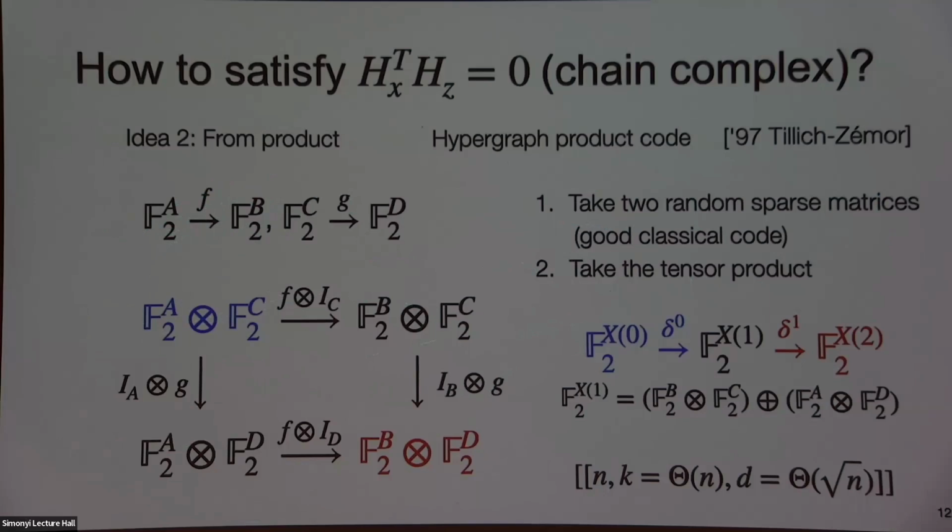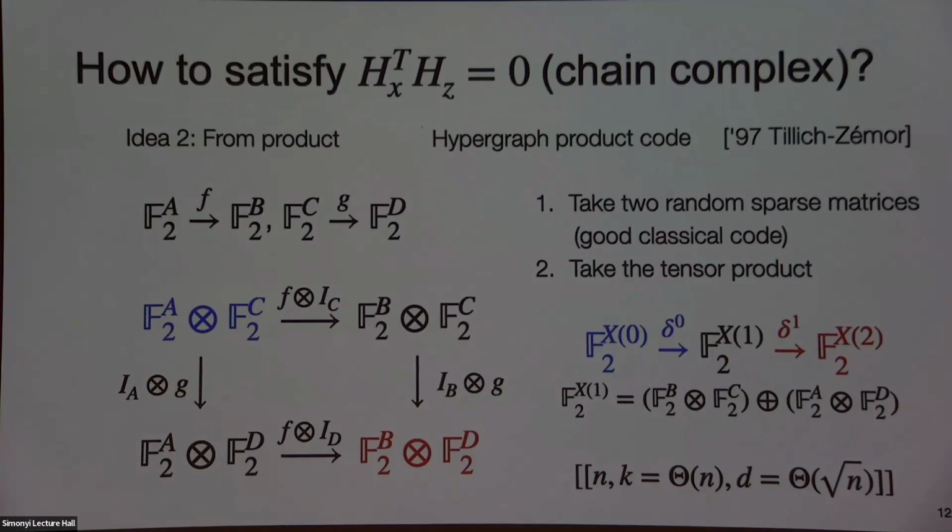So if previously the distance is d, then the new distance is also d. But now we have many more qubits. Previously you had around order d bits, but now you have order d squared qubits. So that's where this square root issue really comes from. It really comes from this product structure.